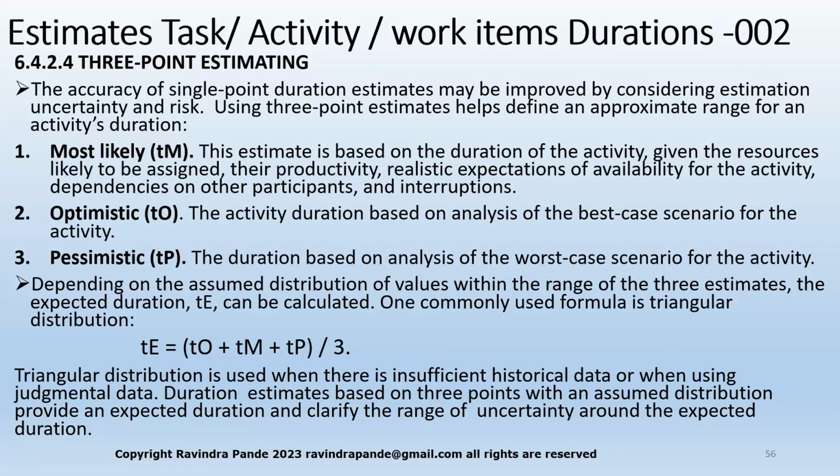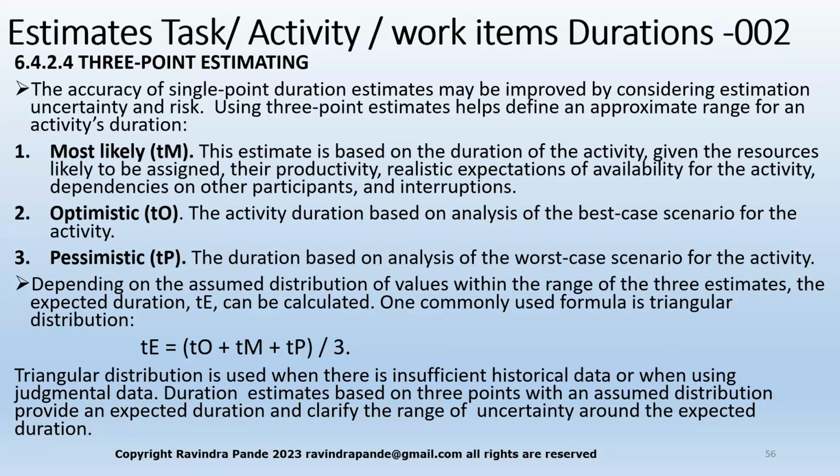The optimistic is the activity duration based on the analysis of the best case scenario for the activity. And then there is the pessimistic, the duration based on analysis of the worst case scenario of the activity. So this will be the longest estimation, the most likely will be the middle one, and the optimistic will be the shortest one. So you average out these things.